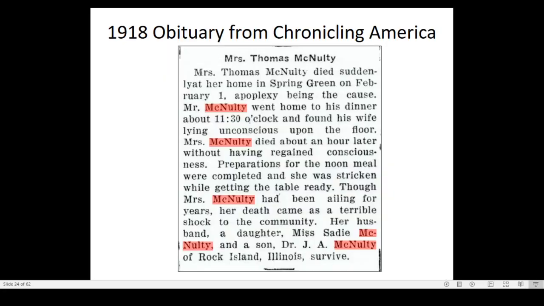So I took a look at one of them, and here's an obituary. Mrs. Thomas McNulty died suddenly in her home in Spring Green on February 1st. Apoplexy, which is stroke, I understand, was the cause. Mr. McNulty went home for his dinner at about 11:30, found his wife lying unconscious upon the floor.